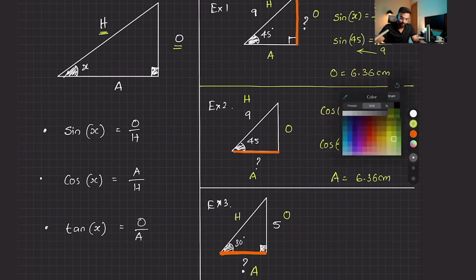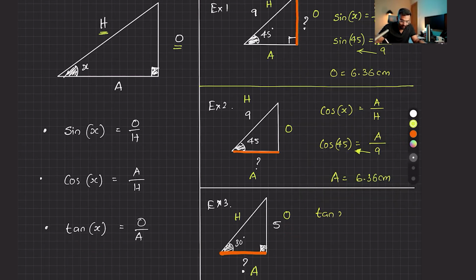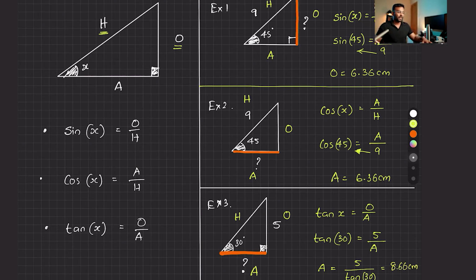So we would do tan of x equals O by A. Tan of 30 equals O, which is 5 this time, divided by A. If I make A the subject, it will be 5 divided by tan of 30. Put that in your calculator and you will get your answer. So 5 divided by tan of 30 is 8.66 centimeter.